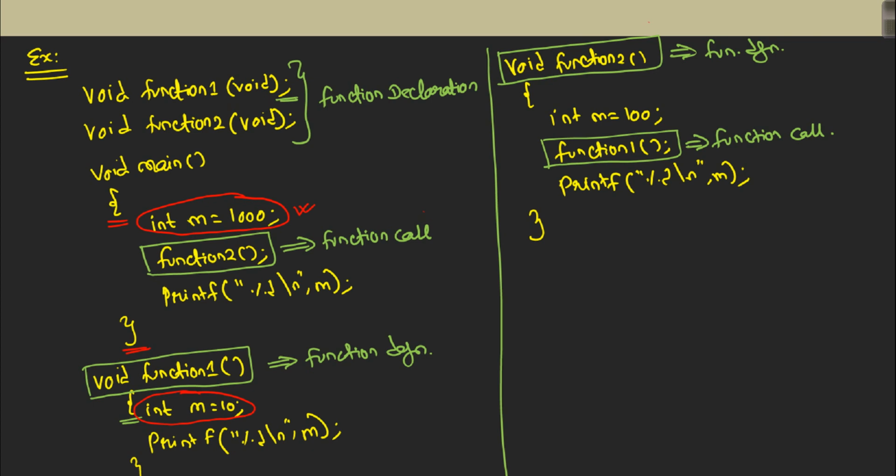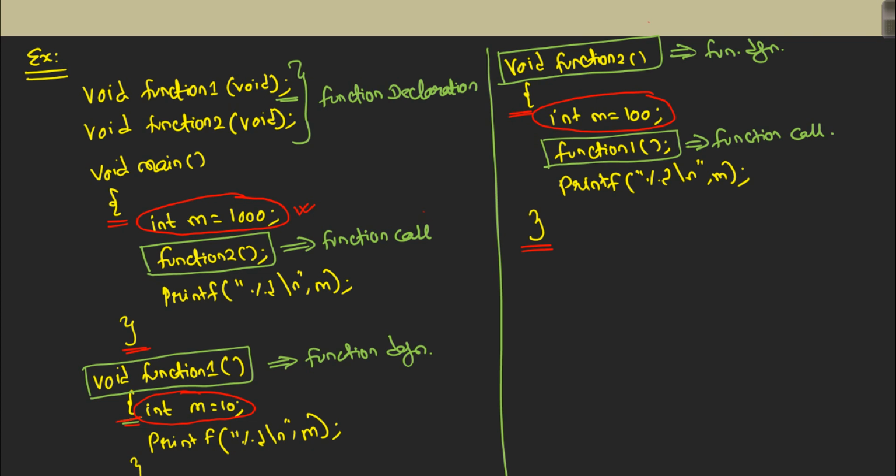The scope of m equal to 10 is only inside function 1. And here you enter void function 2 and you give m equal to 100, and the scope of m equal to 100 is only inside function 2. Clear? You have 3 variables present in 3 different functions. So the lifetime of the variable is only inside that particular function, right?